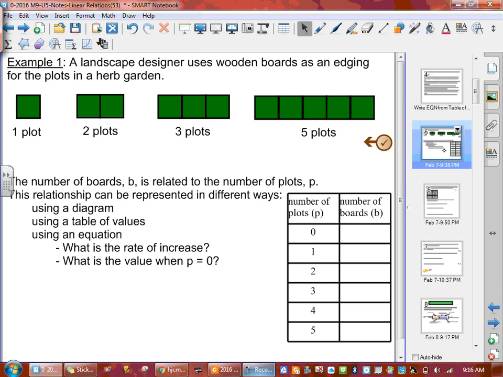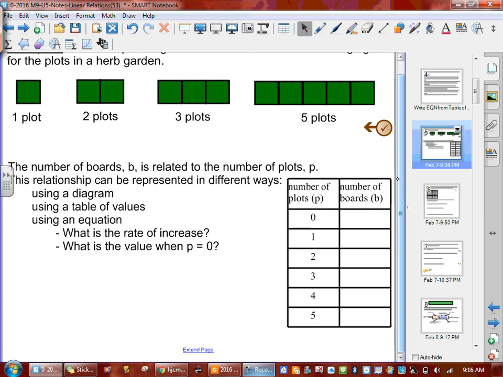We've got a landscaper who's using wooden boards to design plots for his herb garden. So we're noticing they've already started our table of values for us. The number of plots they can make, if they make 0 plots, how many boards do they need for 0 plots? Well, they got to start with something.